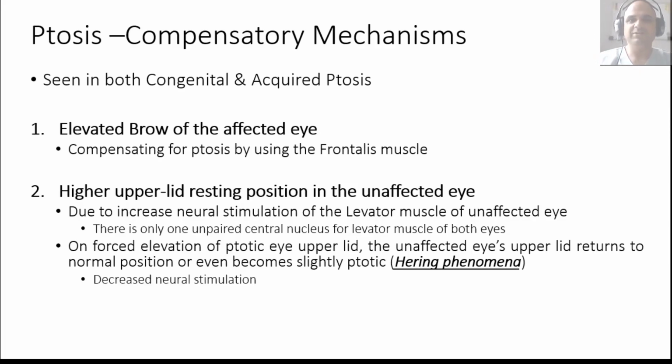And that's simply because the neural stimulation decreases as you forcefully open the ptotic eye so that the additional impulses that were coming in don't come in. And the unaffected eye, which was higher than normal because of all those additional impulses, now falls to a normal or more commonly to a slightly more ptotic position. It sort of recovers within a few seconds, but you can actually see this happening.